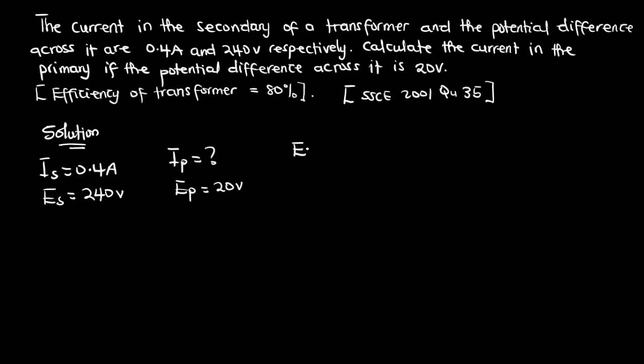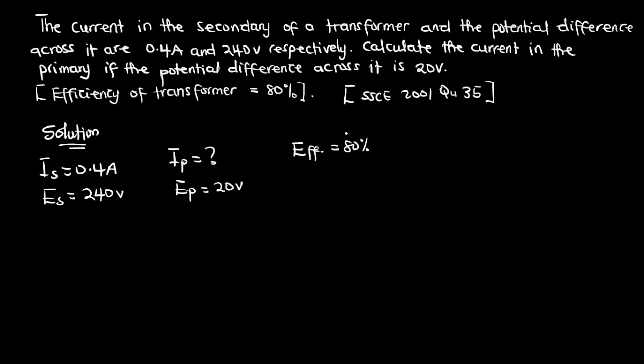Remember, we're given that the efficiency is equal to 80%. Now the voltage in the primary is 20, the voltage in the secondary is 240. It means that the transformer was supplied a lower voltage to produce a higher voltage, which is what we call a step-up transformer. All right, so let's look at the solution to this particular problem.